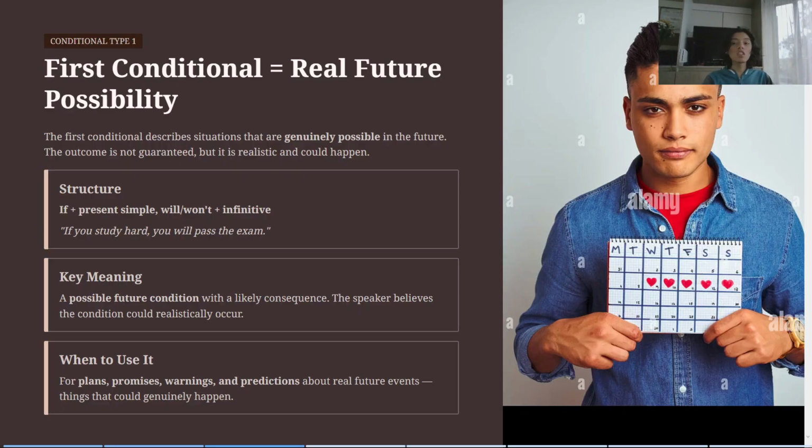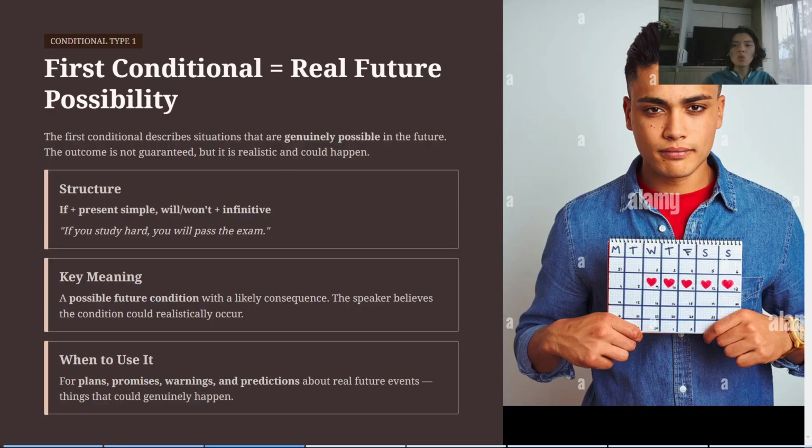The first conditional is used for real or possible situations in the future. The situation is not guaranteed to happen, but it's realistic and could happen. The structure is if plus present simple plus will plus the infinitive. For example, if you study hard, you will pass the exam.